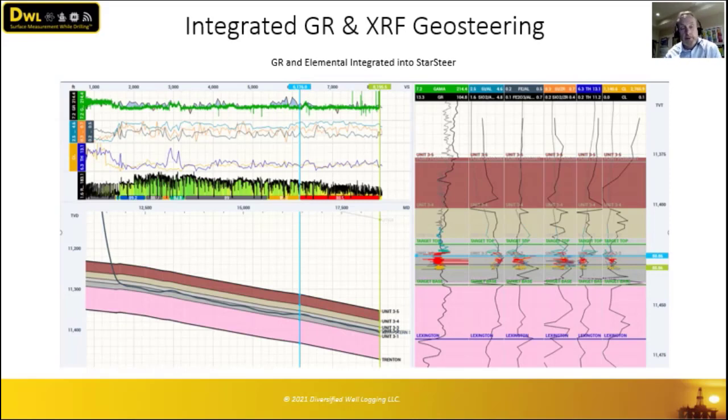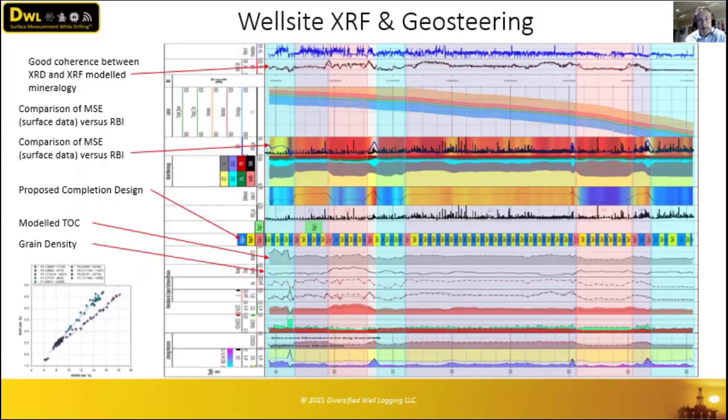We typically integrate all of this data into a geosteering panel. In this particular instance, it's with StarSteer. We have a group that's been together for over 10 years now, doing this and using downhole tool measurements over the last 3 years. We've worked extensively to incorporate the XRF and chemostratigraphic data into the interpretation to improve wellbore placement.